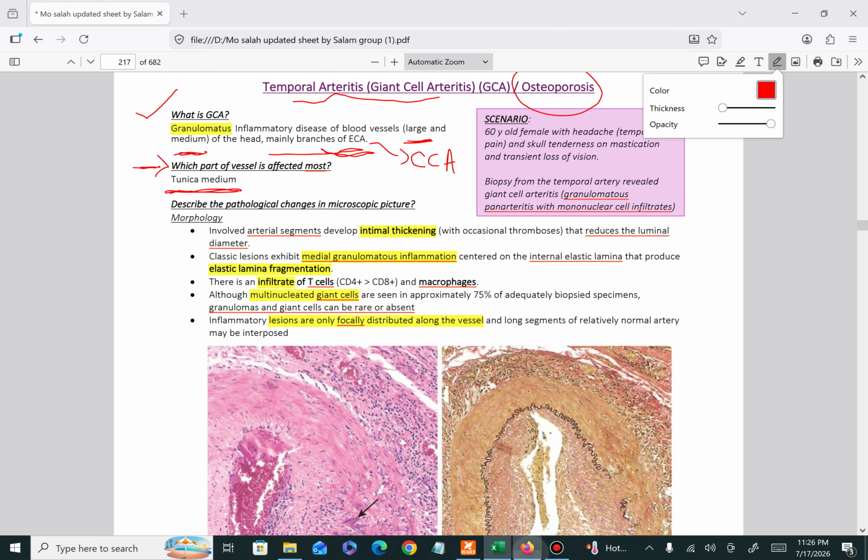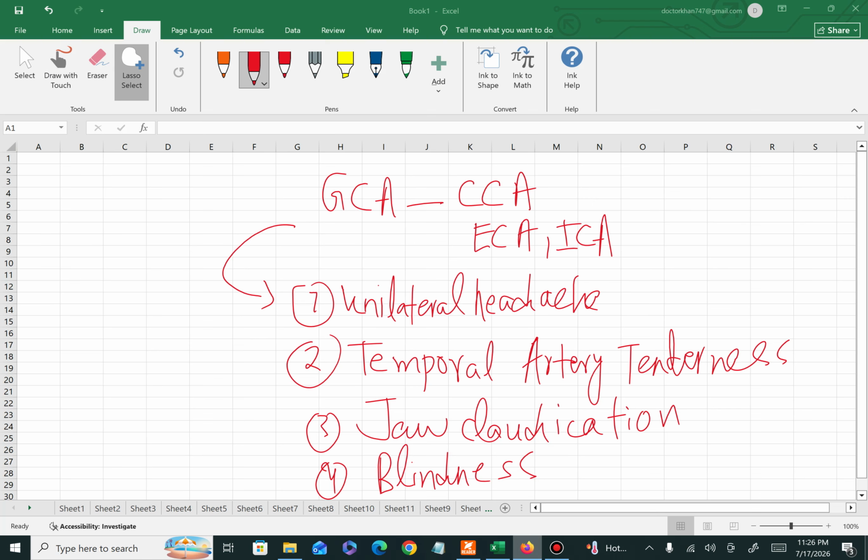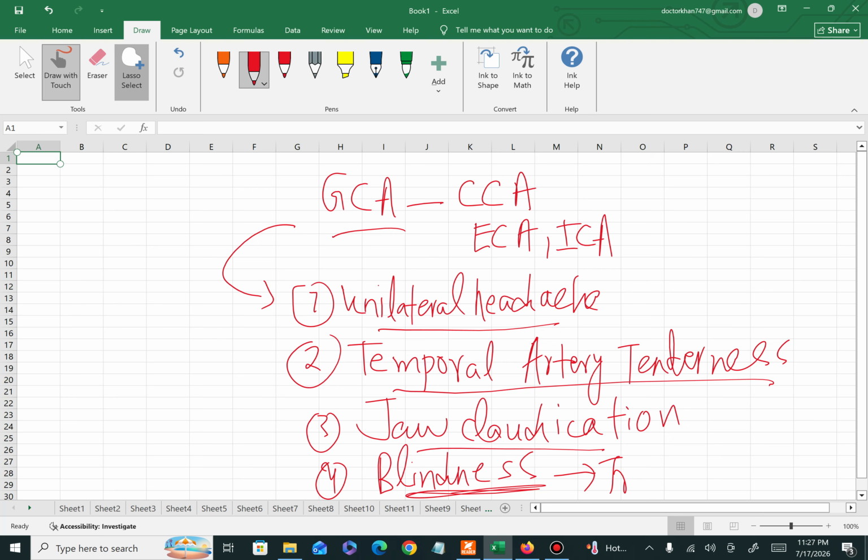Okay, so these are the clinical features of giant cell arteritis: unilateral headache, temporal artery tenderness, jaw claudication, and blindness, which can be transient loss of vision.